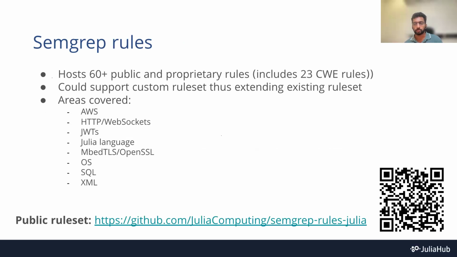On JuliaHub, we currently host around 60 plus public and proprietary rules, which includes 23 CWE rules, which I will explain in a little while.